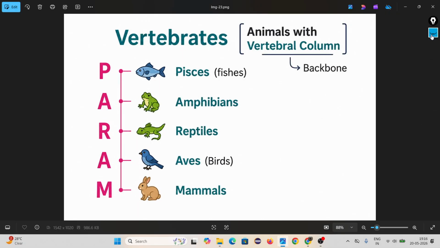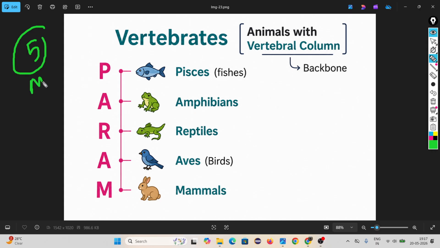Then vertebrates. Sir, do all organisms have a four-chamber heart? No. Do you know how many types of organisms we have? Five types: Monera, Protista, Fungi, Plantae, Animalia.